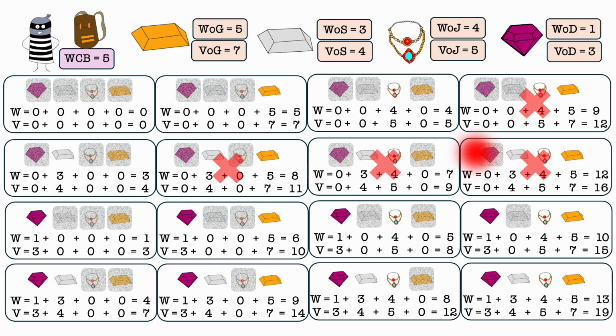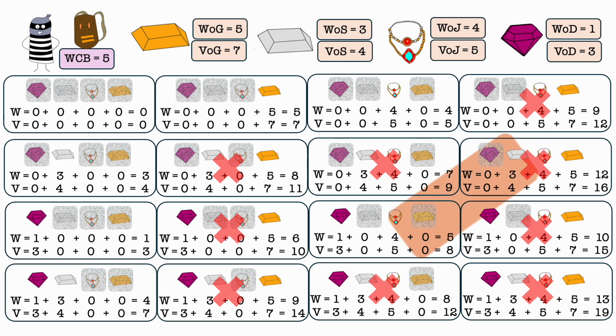This is a feasible solution. This is again a non-feasible solution. This is a feasible solution. This is a non-feasible solution. This is a feasible solution. This is a non-feasible solution. And the last one is also a non-feasible solution.